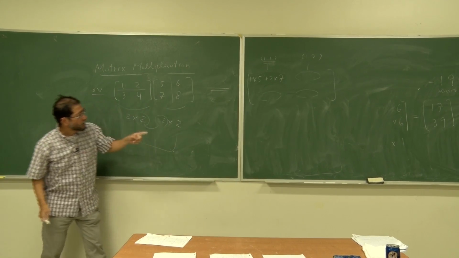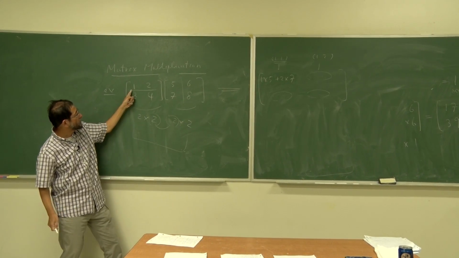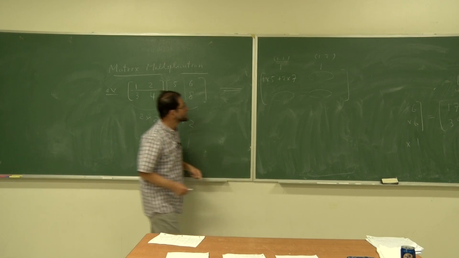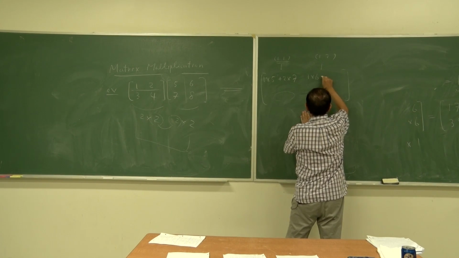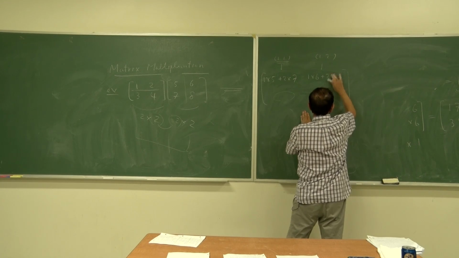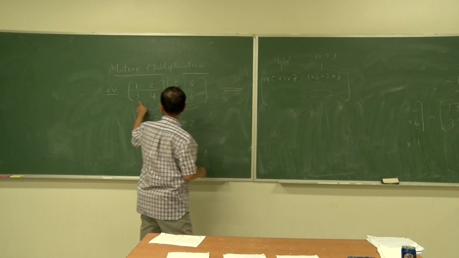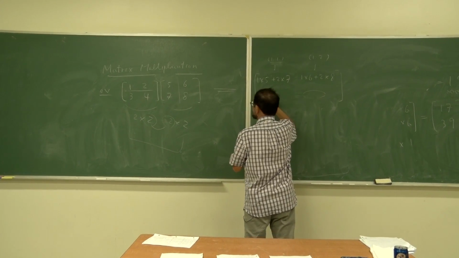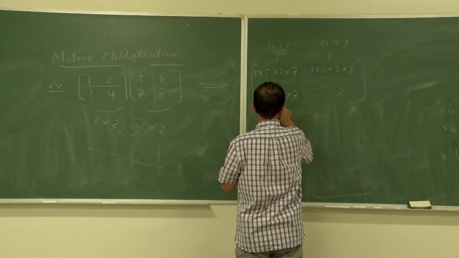It comes from the first row and second column, so 1, 2 times 6, 8: 1 times 6 plus 2 times 8. Then the 2, 1 entry comes from 3, 4 times 5, 7: 3 times 5 plus 4 times 7.